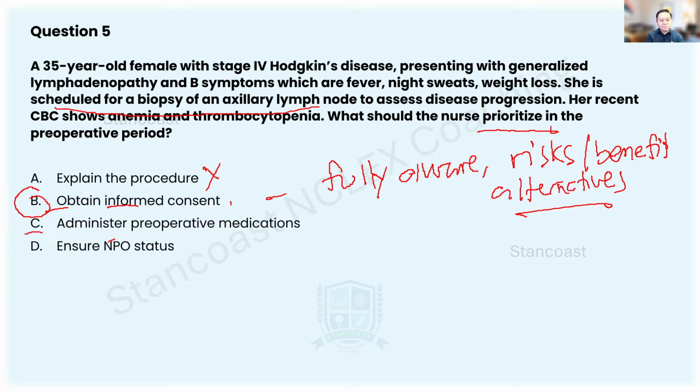C, administer pre-op medications. Well, pre-op medication administration basically means that the patient has already been sent or is already in the holding area, right? So everything is assumed to have, oh, maybe the patient has already been given the explanation. So yeah, but administering pre-op medication, this is going to take place after the patient has received the explanation and also has signed the informed consent.